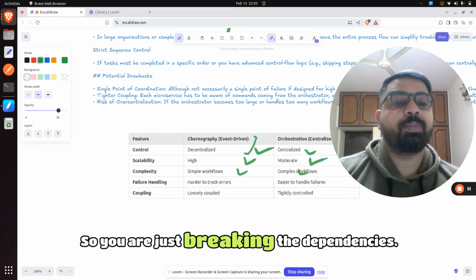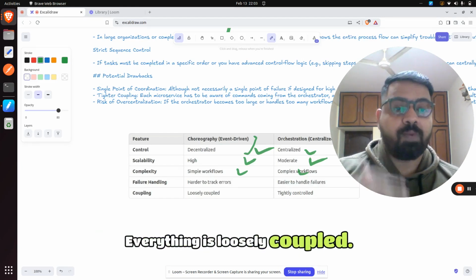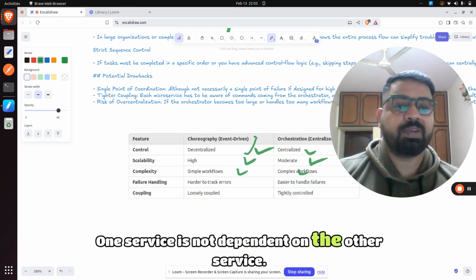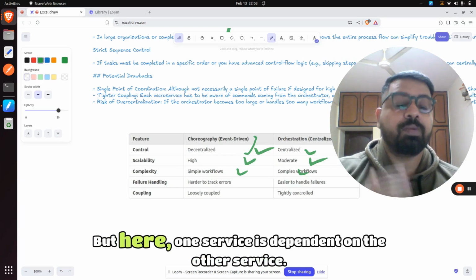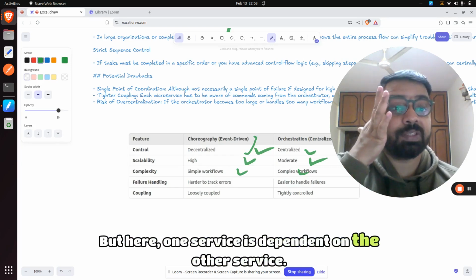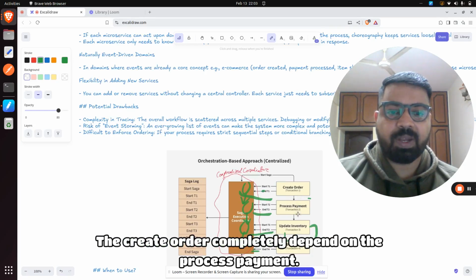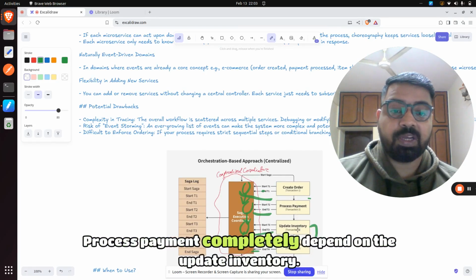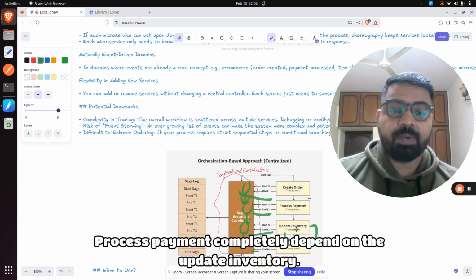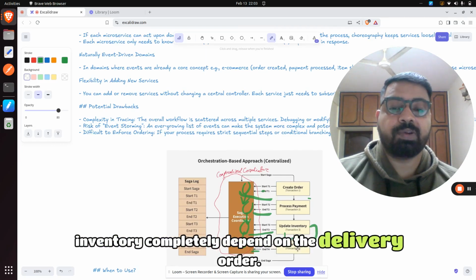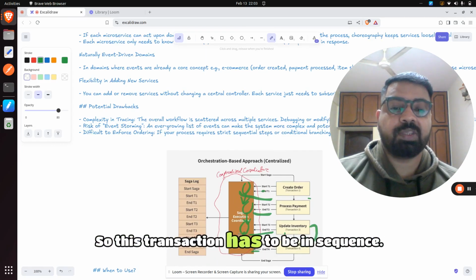So you're just breaking the dependencies. Everything is loosely coupled. One service does not depend on the other service, right? But here, one service depends on the other service. As I showed you, create order completely depends on process payment, process payment completely depends on update inventory, and update inventory completely depends on deliver order, right? So these transactions have to be in sequence, right?